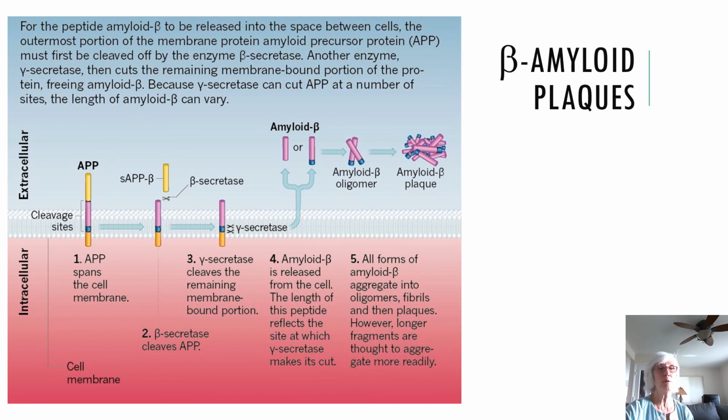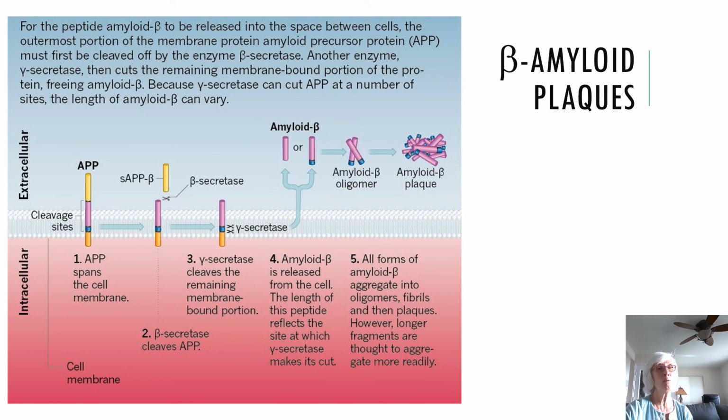You don't have to know necessarily the mechanism by which these amyloid plaques are formed, but suffice it to say that there is a membrane protein called amyloid precursor protein that is cleaved a couple of times to produce extracellular beta amyloid, and extracellular beta amyloids will glom up together with other beta amyloids and produce these extracellular plaques. Both tau tangles and amyloid plaques are associated with Alzheimer's.